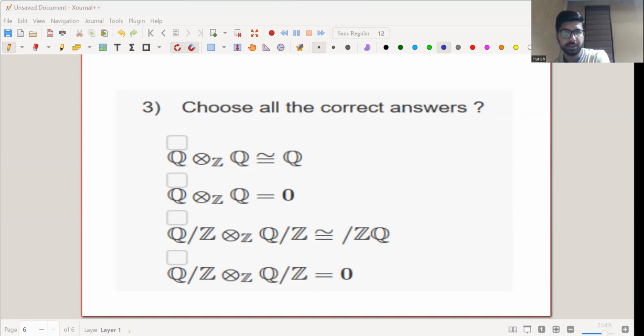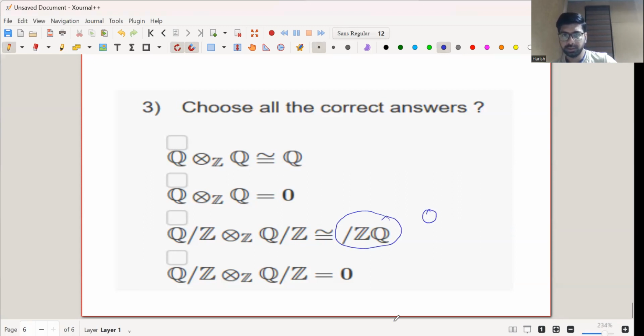Let me just check what it is. It's Q modulo Z, it's only. So this is some typo.